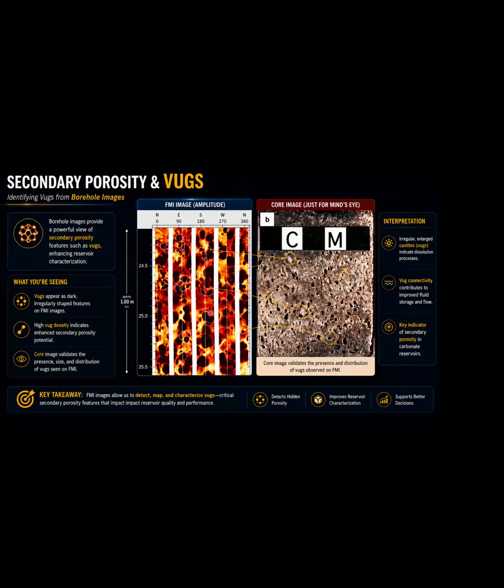When this secondary porosity is taken into account, it adds a lot in the formation evaluation and in the porosity calculation as well. So image is a good tool as well.